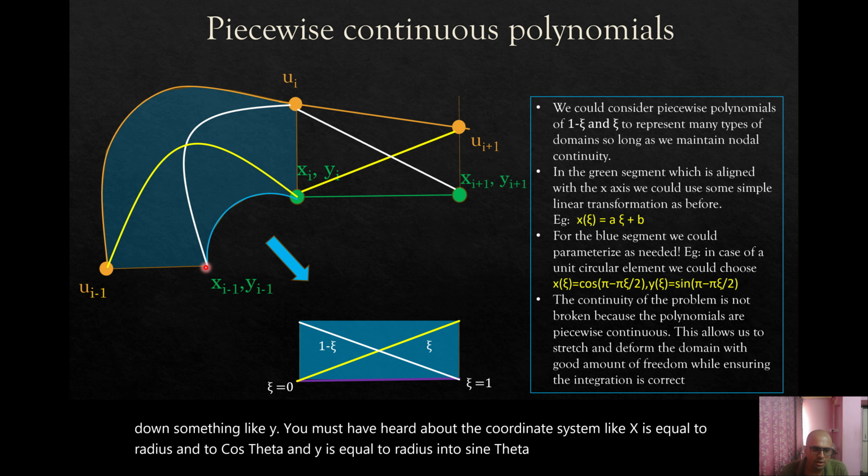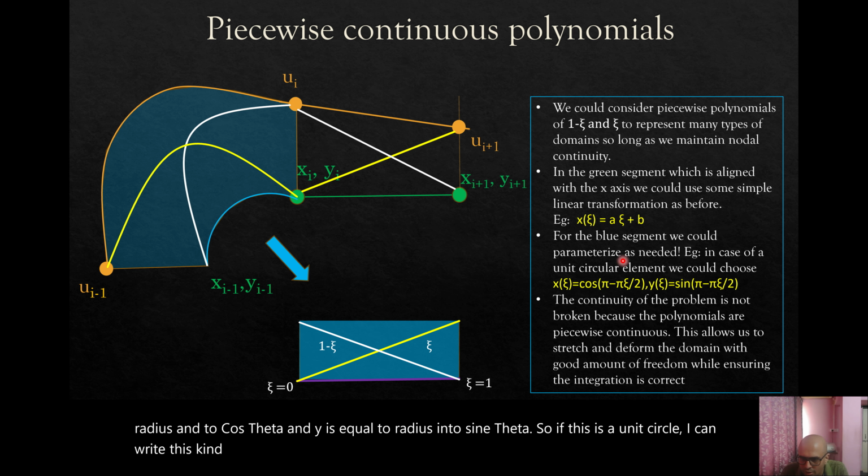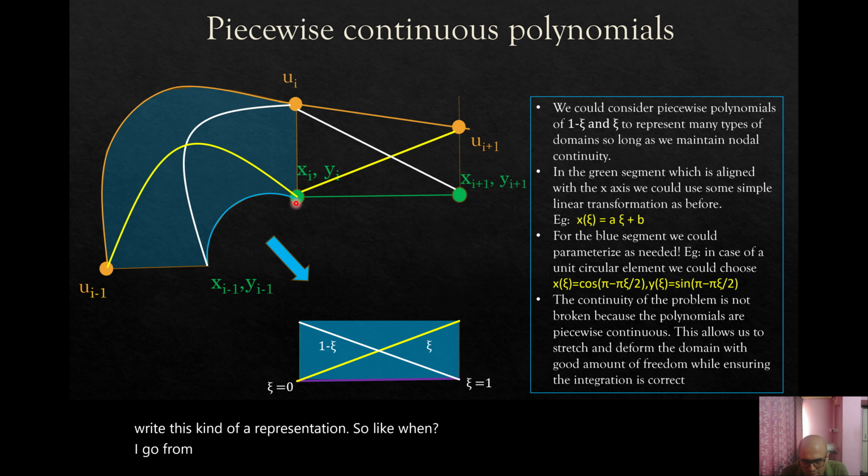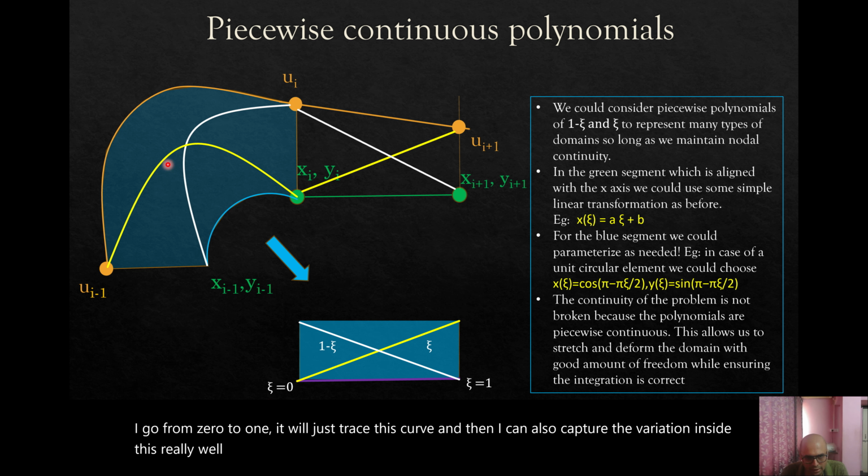So if this is a unit circle, I can write this kind of a representation. When psi goes from 0 to 1, it will just trace this curve, and then I can also capture the variation inside this really well. Okay, I could integrate inside this.